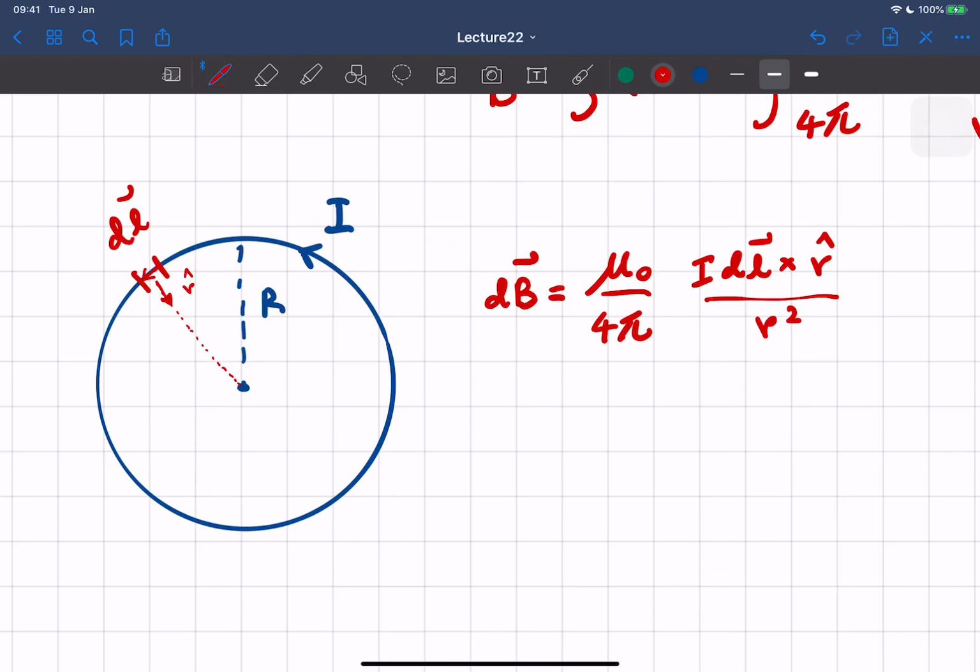And you can see that dl cross r hat gives you a direction of dB going out from the page. So dl is that way, r hat is that way, so that means the magnetic field is going up like this.